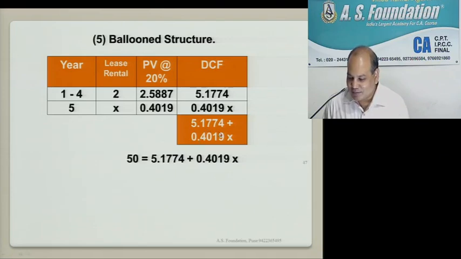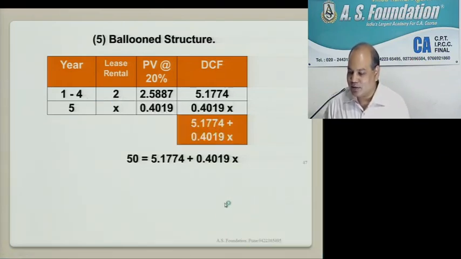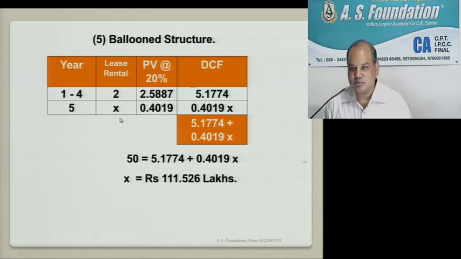This number again equate with 50. Every problem will be solved in the same manner. The present value of future cash inflow should be equal to 50. So how much is that? Final answer, 111.526 lakh. That means the last year lease rental will be a huge amount.